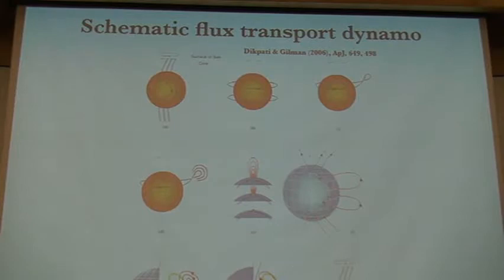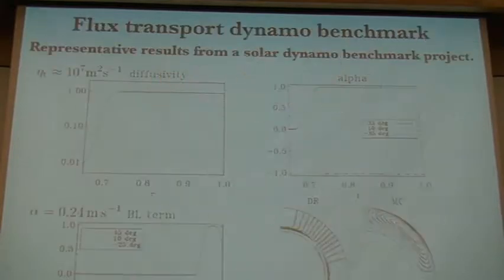In the end you have a magnetic field which has switched sign during this process. So this is in a nutshell what these dynamos are doing. Of course, all of this is happening at the same time in the real model, so it's a bit more messy, but that's the general idea.